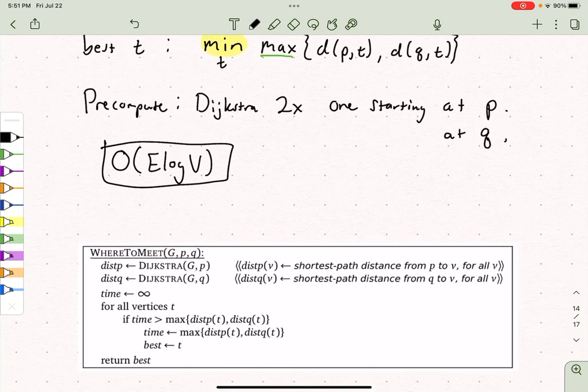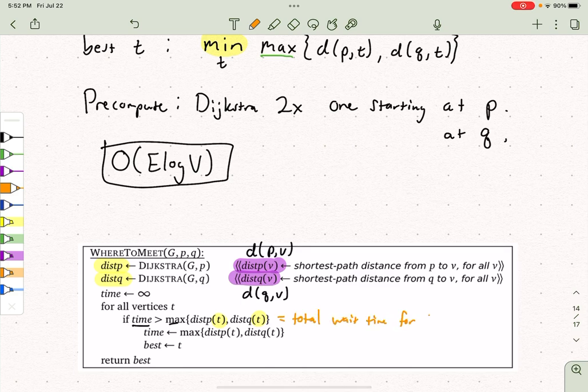The whole pseudocode's right here. It's very simple. We just pre-compute the two distance functions for P and Q respectively, d of P to V and d of Q to V. And then we just do a simple loop, and every time we find a better estimate, so if for the current vertex T the max of both, which is the total wait time, is better than our current total wait time, which is stored in time, then we just update it and continue looping through.